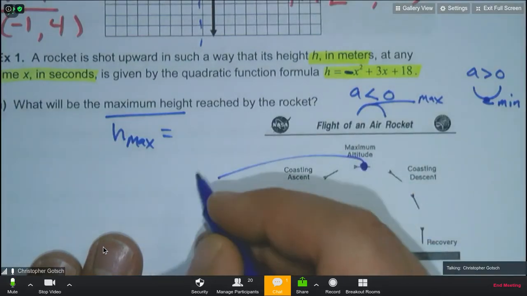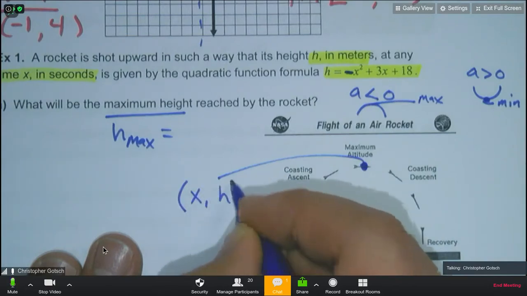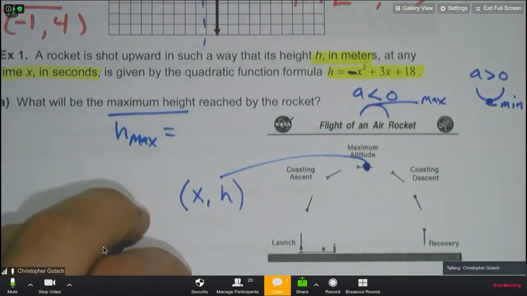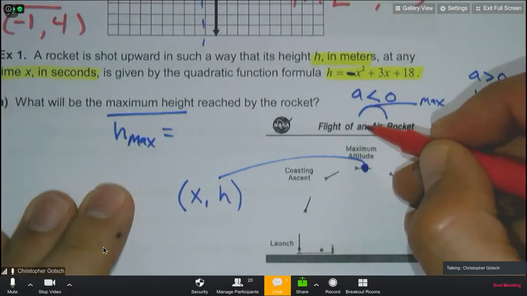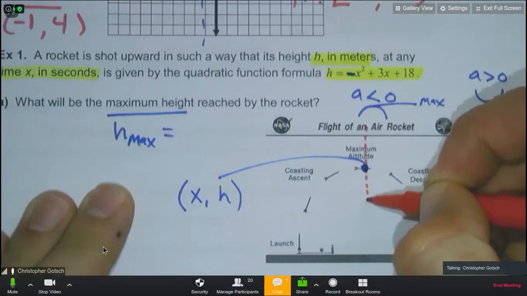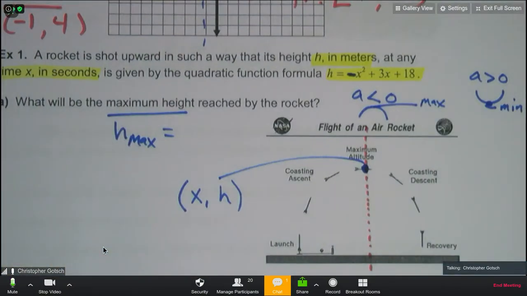In this case, that's our maximum. So we want to find our max, which is x comma y, which is x comma h. That's our maximum, but that's also our vertex. And if I want to do this by hand, there's a line that goes right through that vertex, right through that maximum. What's that line that splits our parabola in half? Yeah, the axis of symmetry.